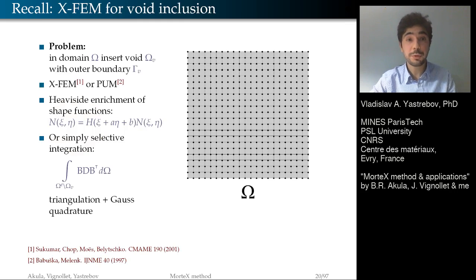So to recall briefly the main ingredients, we will use the part of the X-FEM which is responsible for the void inclusion in the bulk. Let's consider a bulk mesh domain omega, and we'd like to cut along this boundary gamma v. We'd like to cut all the material from omega v.